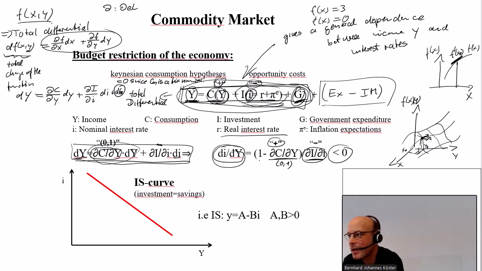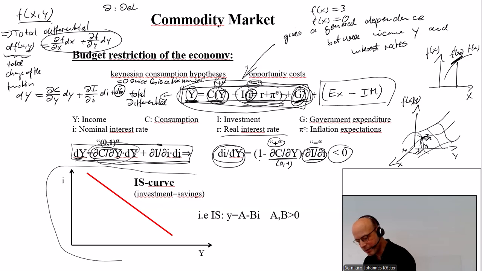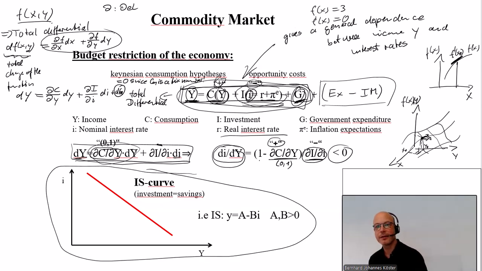and thus I know that from the commodity market equilibrium, in general, I obtain a falling curve representing the dependence of interest rates and income. Because any function which has a negative derivative is a monotonically decreasing function. And so in macro, we have derived this graphically.